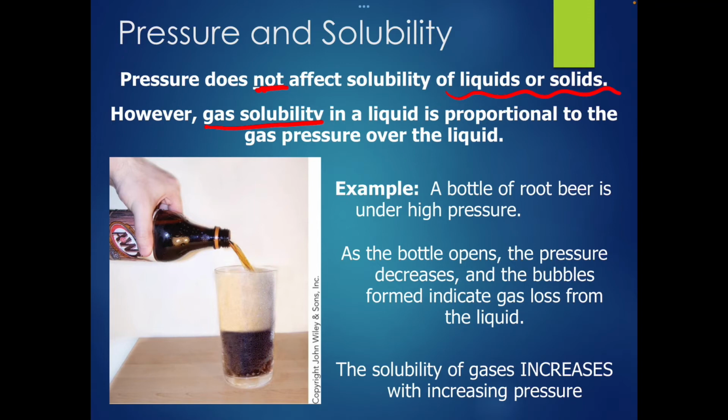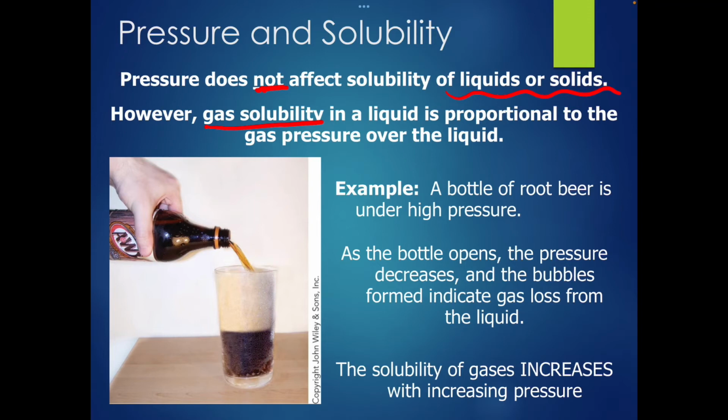So what you want is you want it to be closed so that it's still under pressure, okay? You'll notice that when you open a soda, it'll go tss, and it's because we're releasing the pressure. Once you release the pressure, that dissolved carbon dioxide is able to leave the liquid.